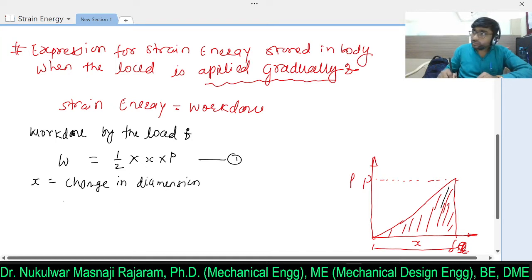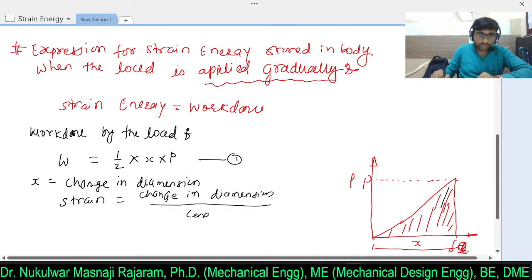That can be evaluated from this formula: strain equals the change in length divided by the original length. So I can write change in dimension divided by original length. This is a simple formula. What we need is the change in dimension, so strain into length. So I can write X equal to strain, that is E, into length.